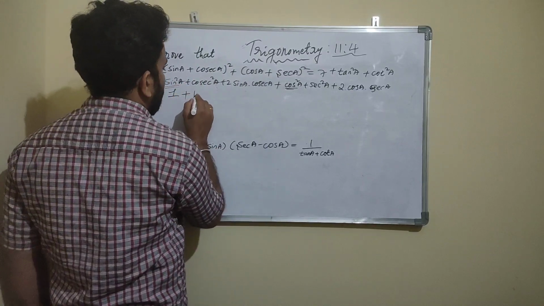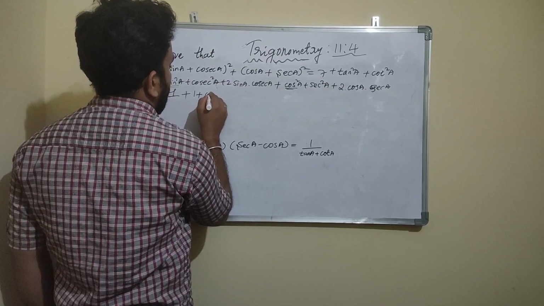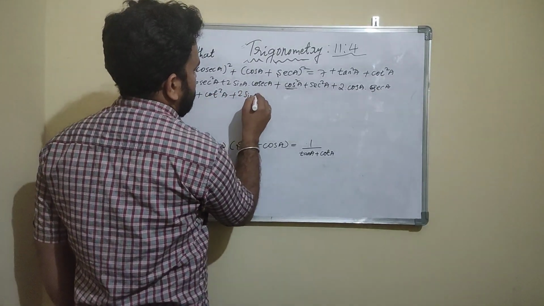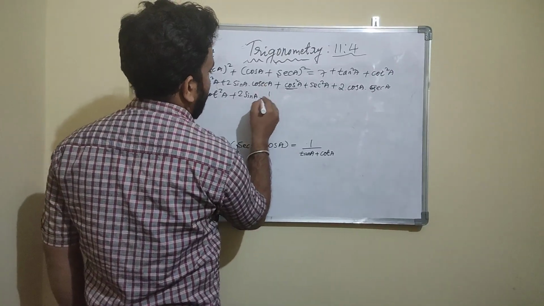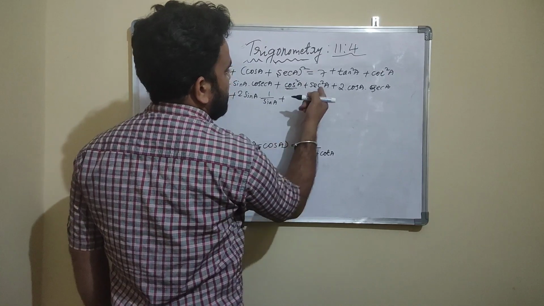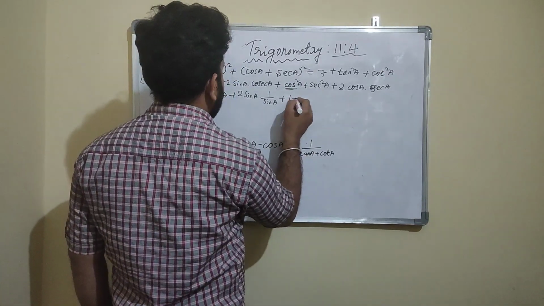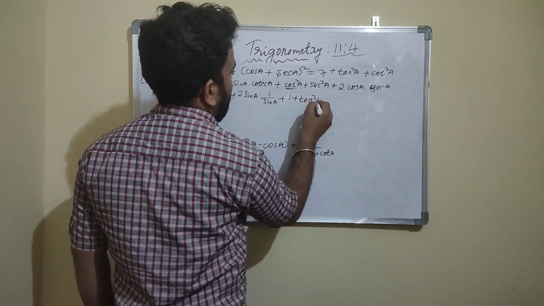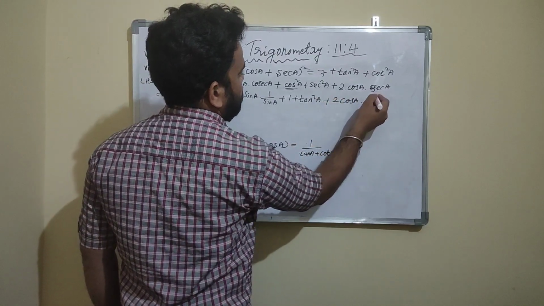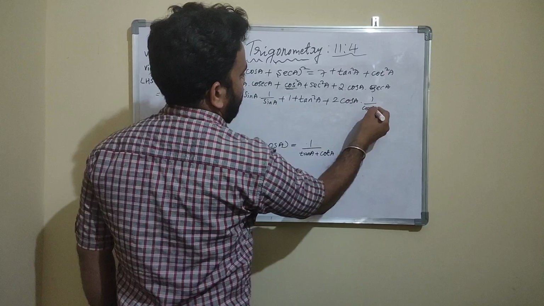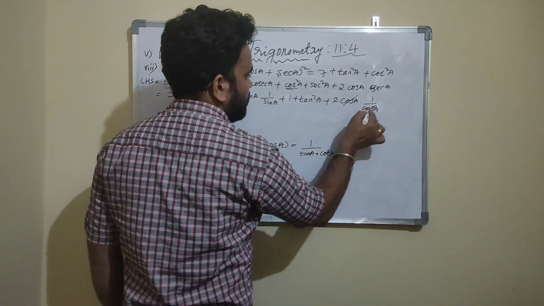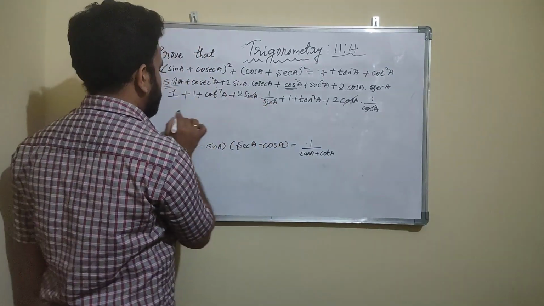Cosec square a is 1 plus cot square a, plus here 2 sin a into cosec a, which can be written as 1 by sin a, so we cancel already. Secant square formula is 1 plus tan square a, plus here also 2 cos a into sec a, which can be written as 1 by cos a. Now similar things you can cancel, that is cos a and cos a get cancelled, sin a and sin a get cancelled. What is remaining?